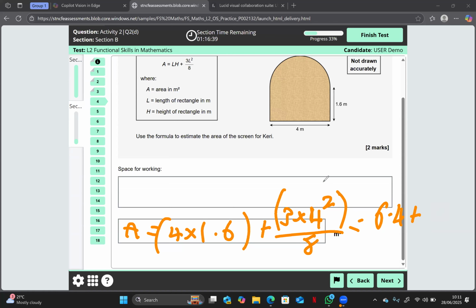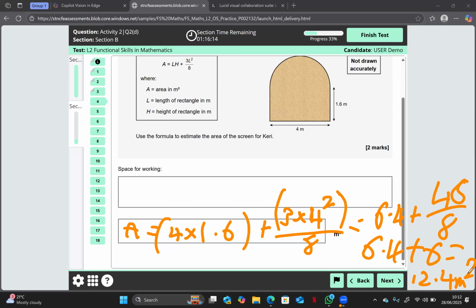So 3 times 16 is 48 over 8. 48 over 8 is 6, so it'd be 6.4 add 6, which equals 12.4. So the area is 12.4 meters squared.